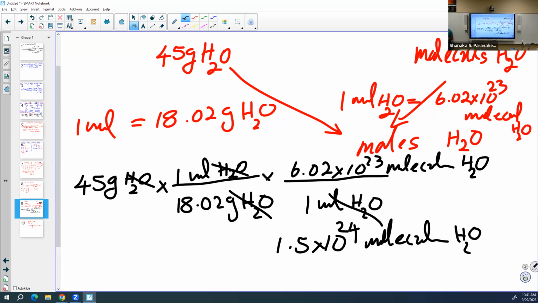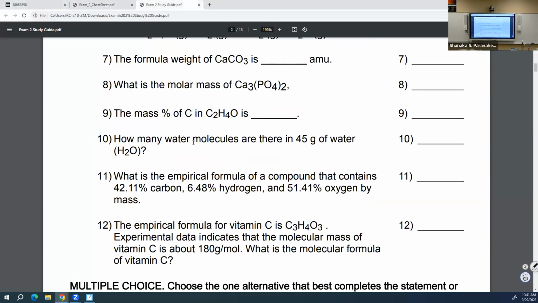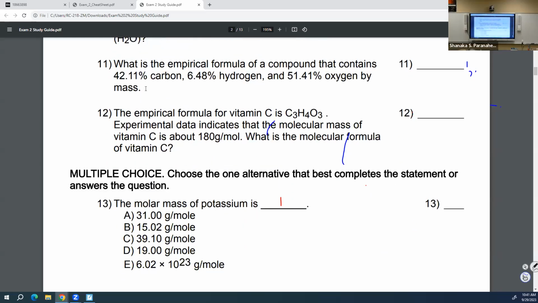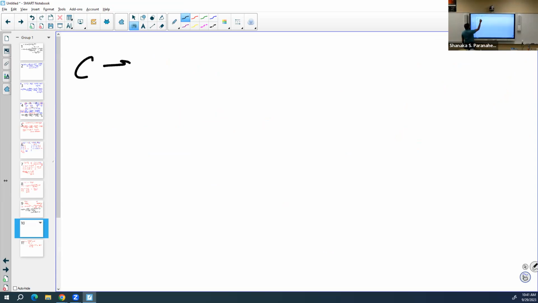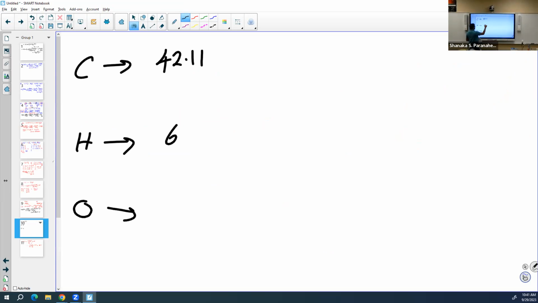And the next one, empirical formula from percent composition. So you have percentages for a compound: 42.11 carbon, 6.42 hydrogen, 51.41 oxygen. Now we can use these numbers to determine the empirical formula. We are going to assume these percentages as grams. The carbon is 42.1, hydrogen is 6.48, and oxygen is 51.41.